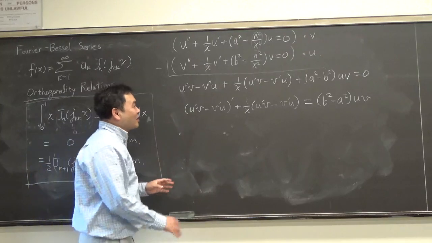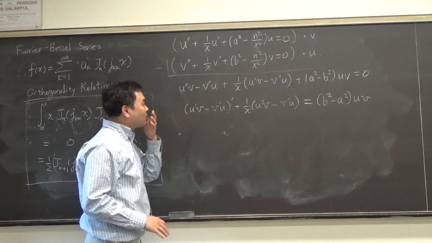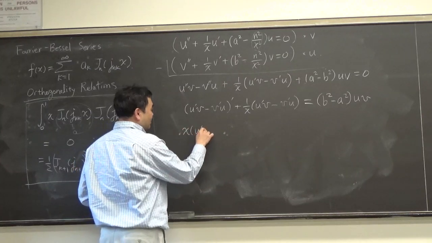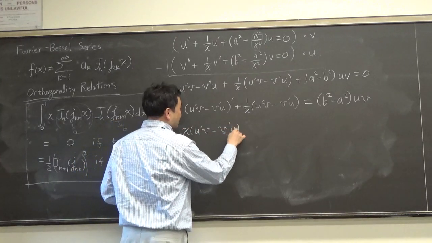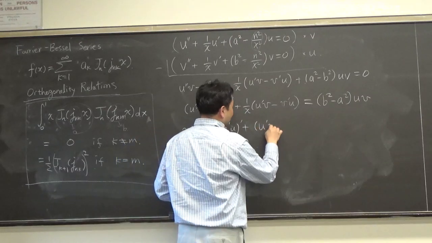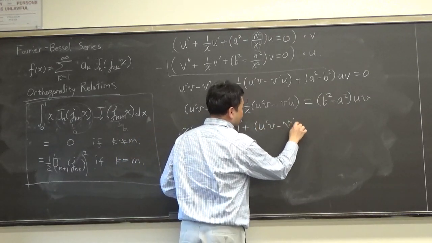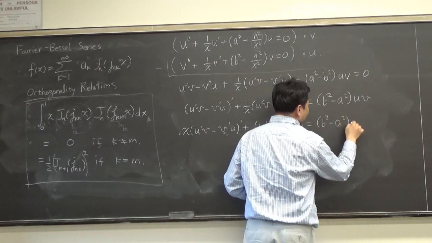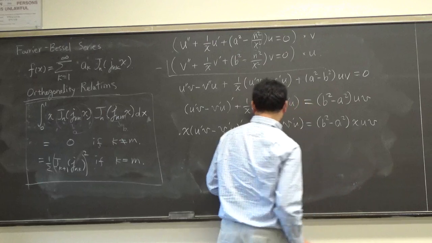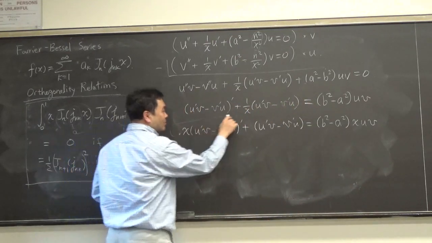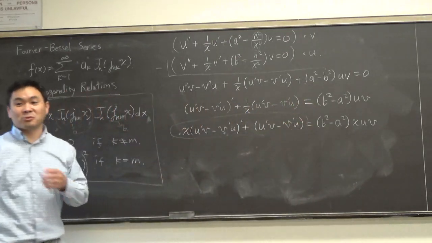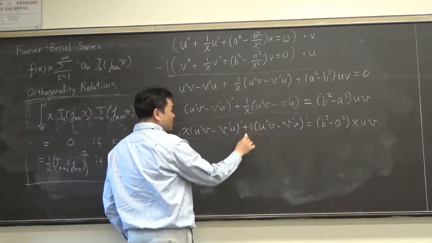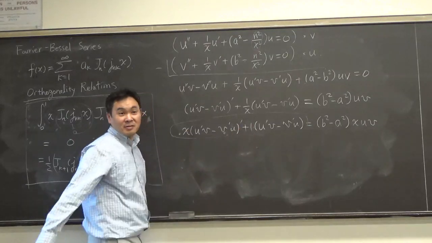Rather, just observe that if you multiply by x, then this is a product rule, because this is 1, but 1 is x prime.